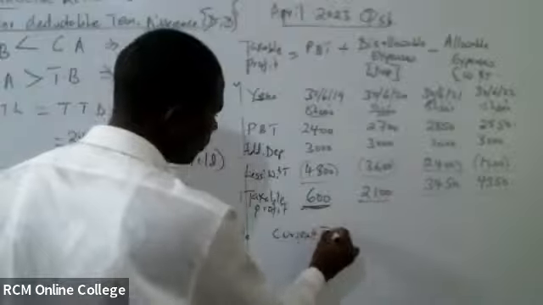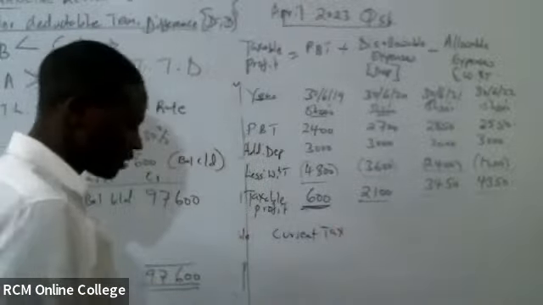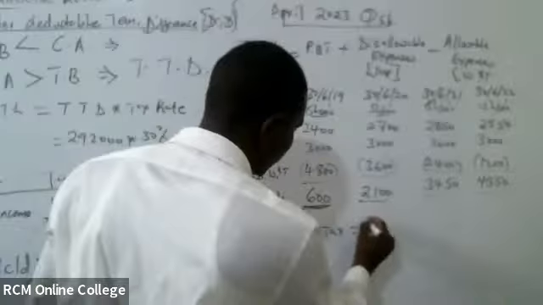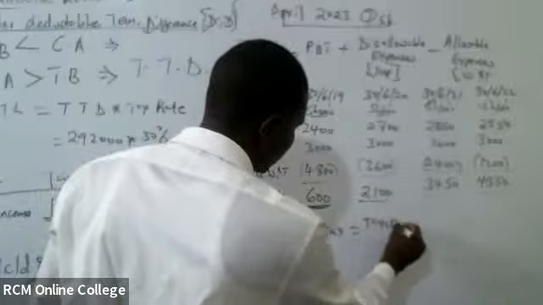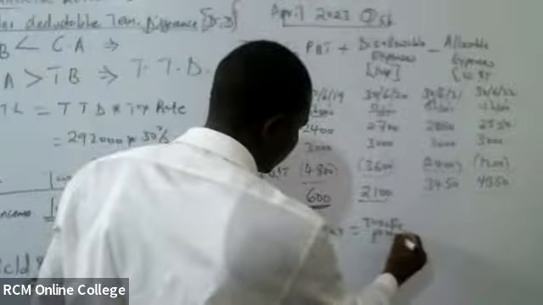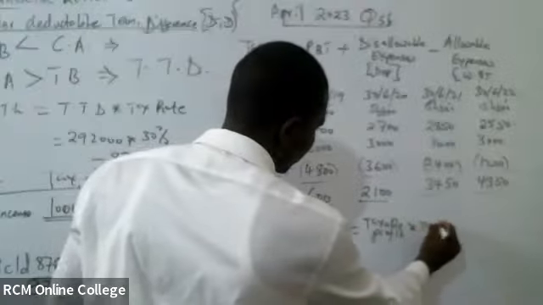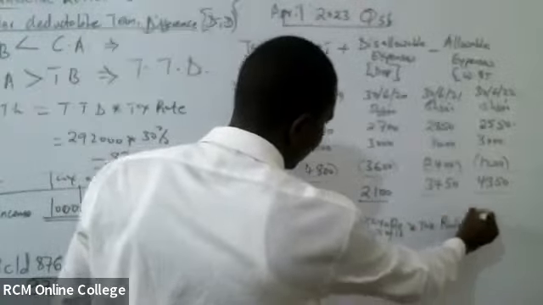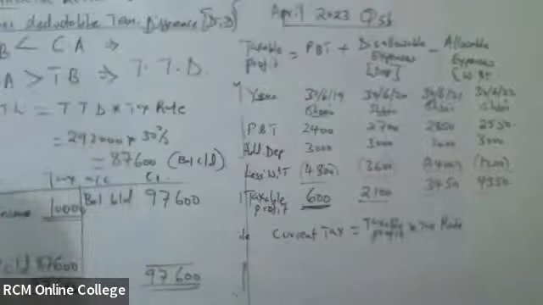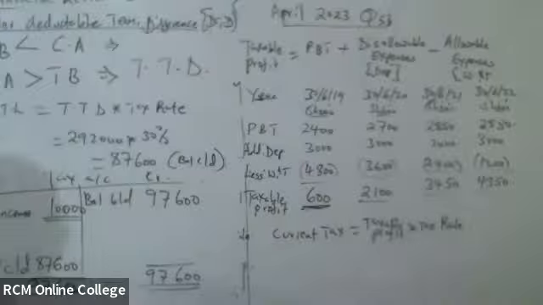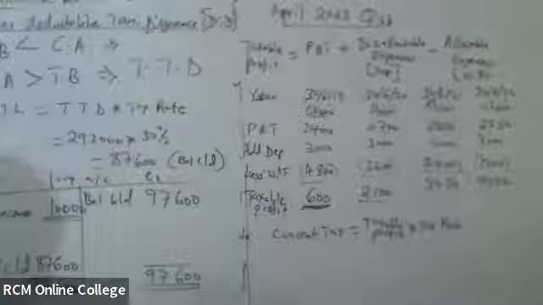Current tax will be given by taxable profit times the tax rate. So taxable profit tuko nayo ya kila mwaka. Na tax rate is how much? What is our tax rate, class?